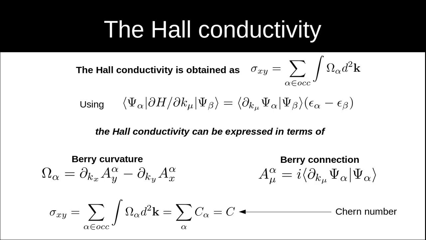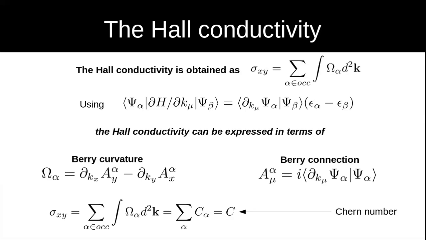So one can use the relationship that psi, derivative of h with respect to k, psi is equal to the derivative of the wave function times the wave function and the difference between the energies, to rewrite the previous expression. And when you do, you can see that the Hall conductivity can be written as a function of an object that only depends on matrix elements of the wave functions and not at all on the energies. And this is the most important point about the Hall conductivity.